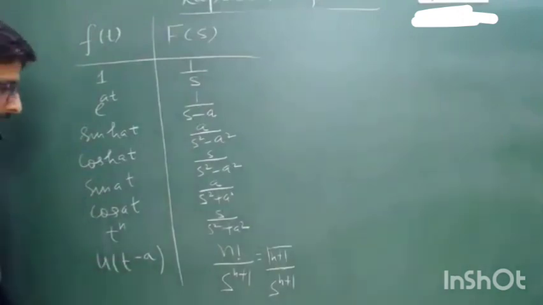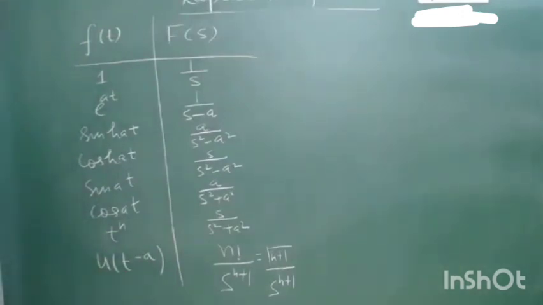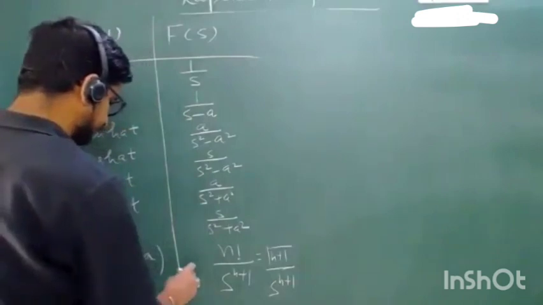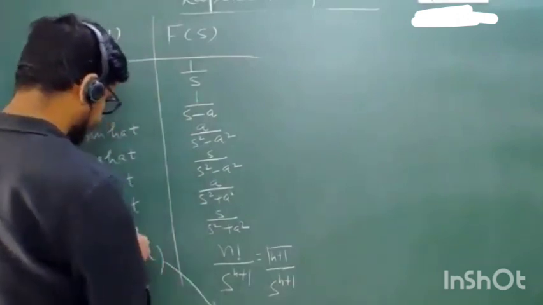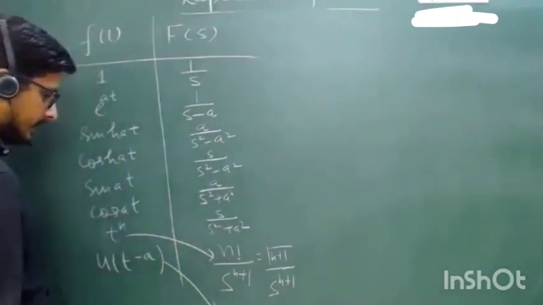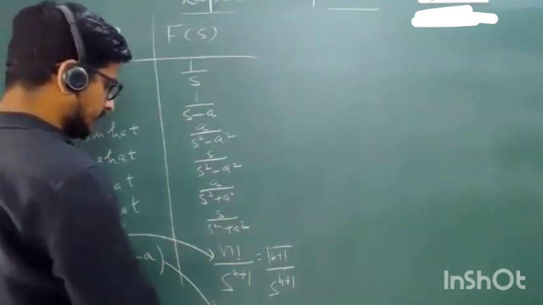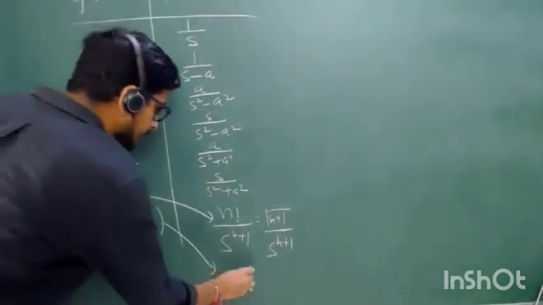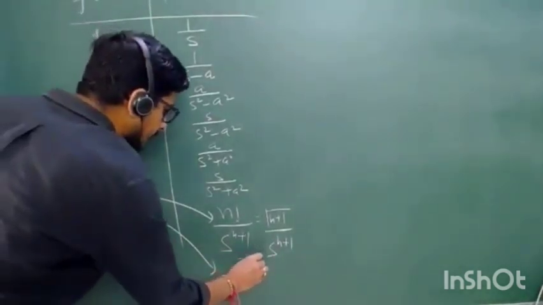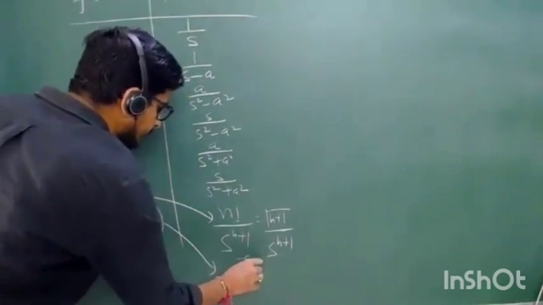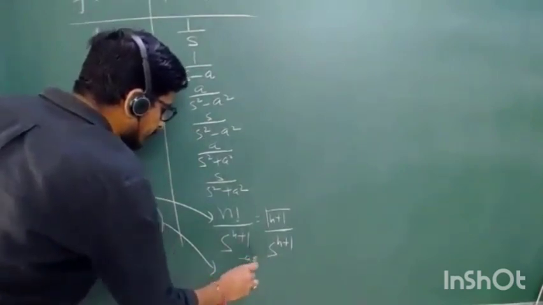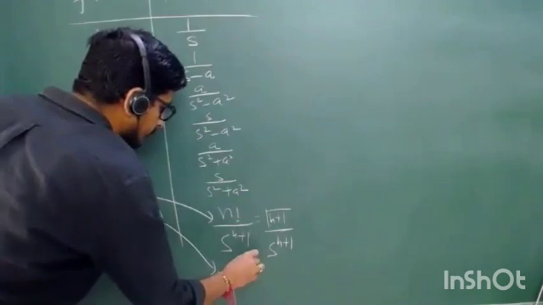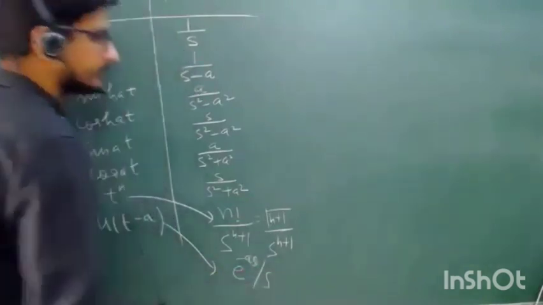So this is t to the power n, and then finally unit step function is e to the power this. ये इसका है. What is this unit step function? It is e to the power minus as upon s.